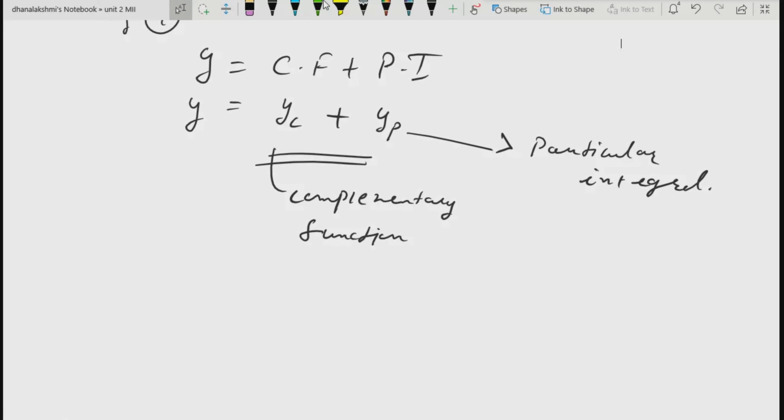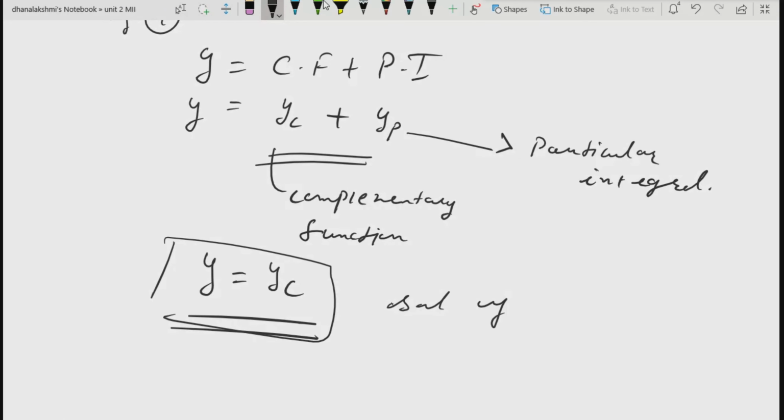Now again a condition arises, if your q(x) is 0, that means if you are given a homogeneous linear differential equation with constant coefficients, then the solution will be y = yc only, and this will be your most general solution. You won't be able to find a particular integral there. Okay, so this will be the solution of f(D) y = 0.